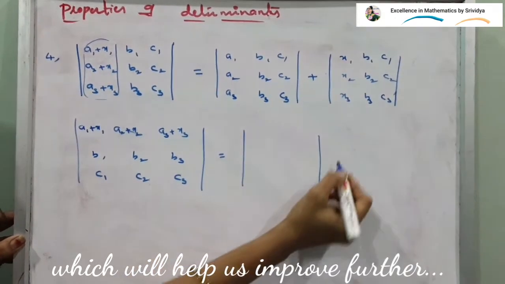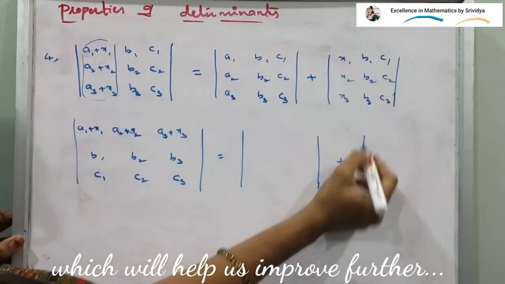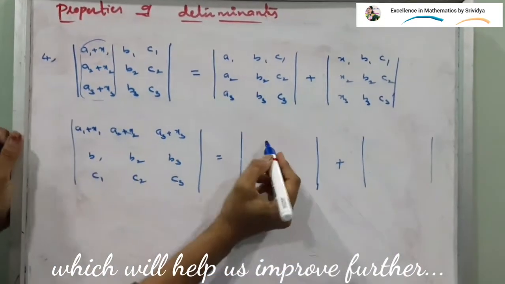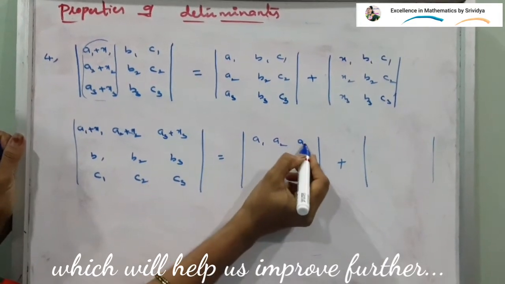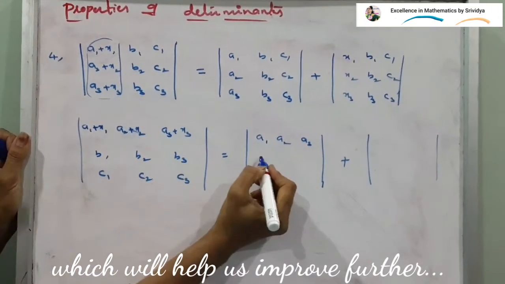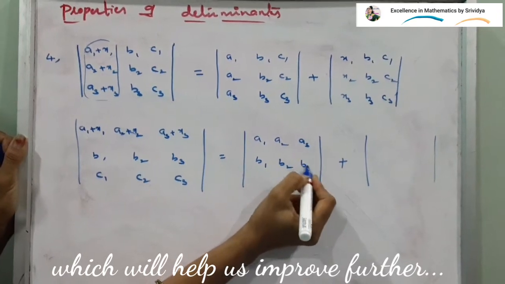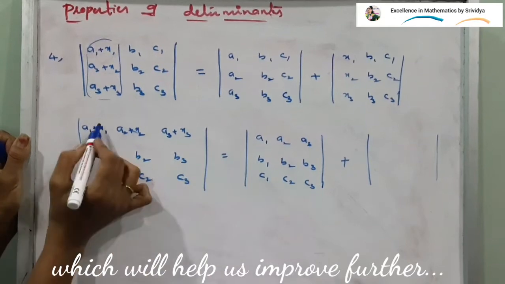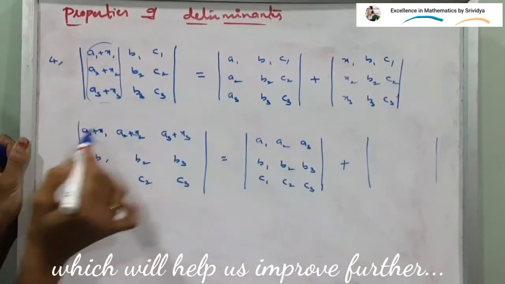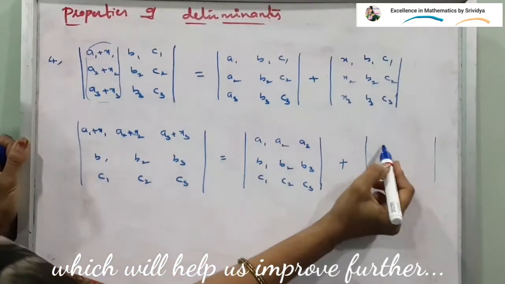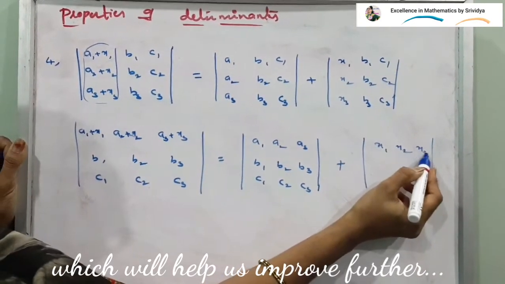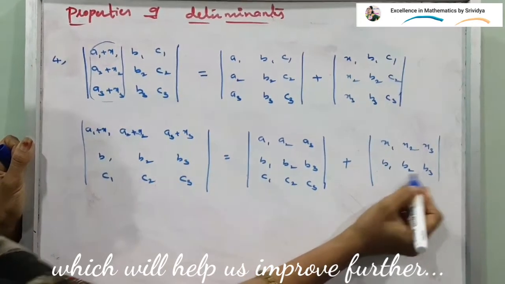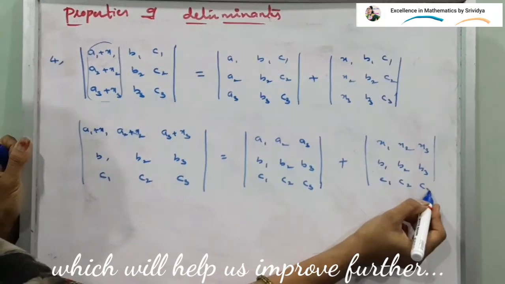This also can be written as the sum of two matrices. It is a1, a2, a3, and the remaining two rows are the same, b1, b2, b3, c1, c2, c3. Also here plus x1, x2, x3, and the remaining two rows are the same, b1, b2, b3, c1, c2, c3.